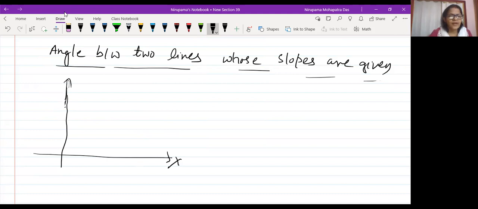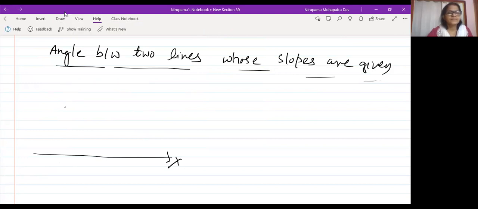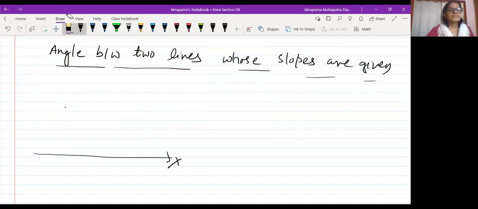Bear with me, the line is not coming straight. Yes, this one. Okay, so here this is the y axis.